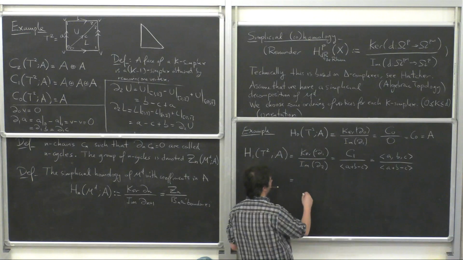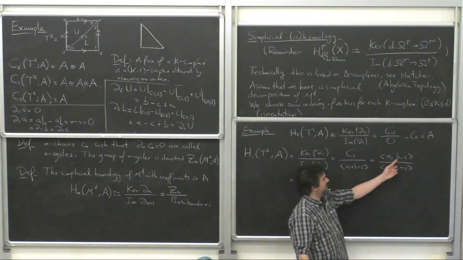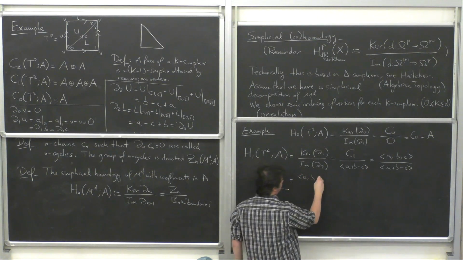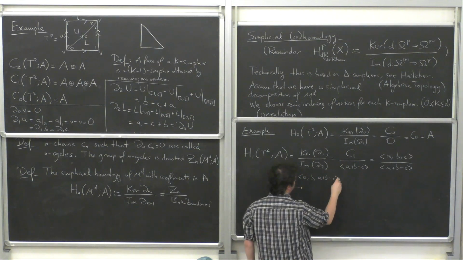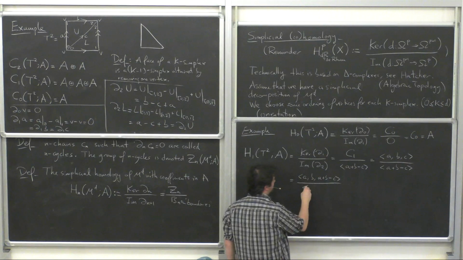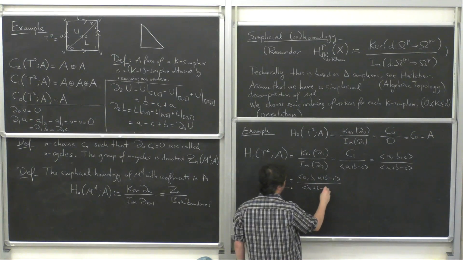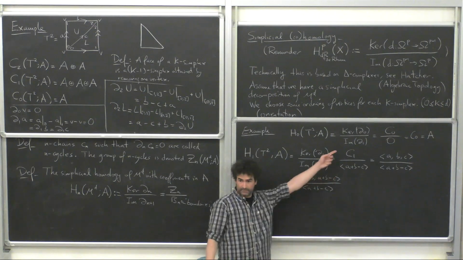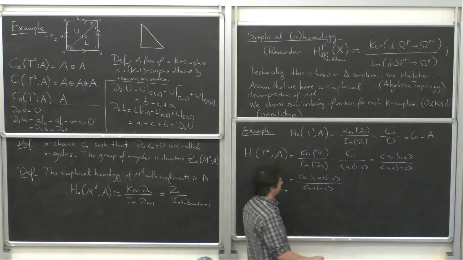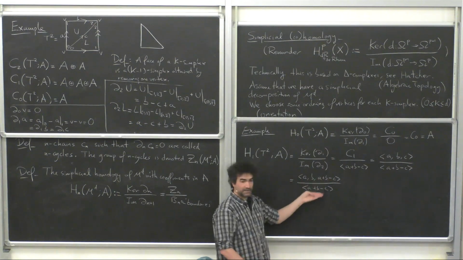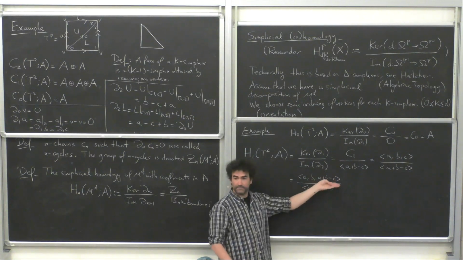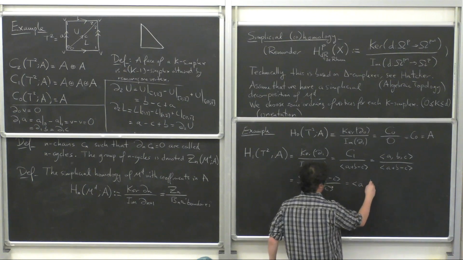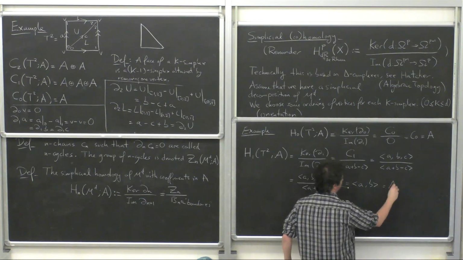Well, clearly, the subgroup generated by these 3 is the same as the subgroup generated by A, B, A plus B minus C, because you can generate these out of those 3, and vice versa. And now taking the quotient is trivial, just killing this generator. So this is the subgroup generated by A and B. So it will be A plus A.